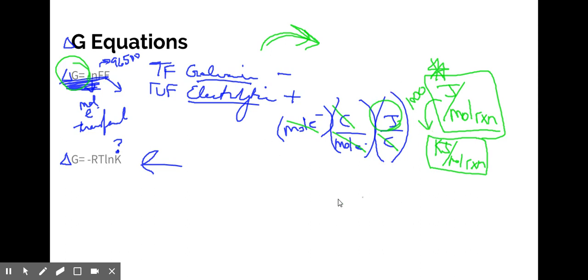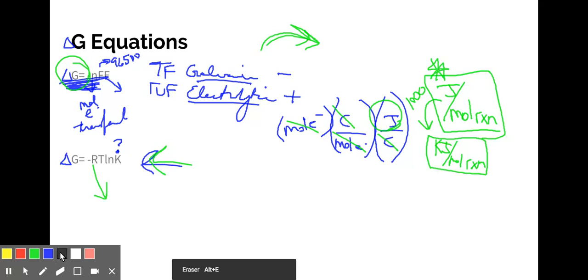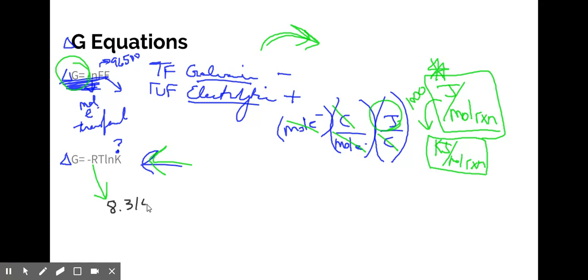Now, back to what I was saying about delta G equals negative RT ln K. You have to be careful, because this R value that you use is 8.314. It is not the same R value that you would use in the Nernst equation. The reason why is because you need to make the units cancel out. So the units for this R value is joules per mole Kelvin.